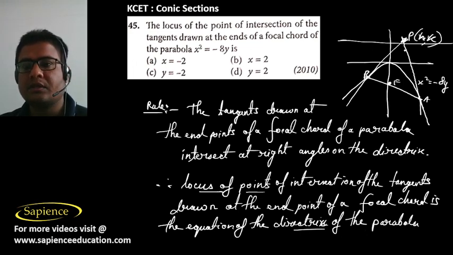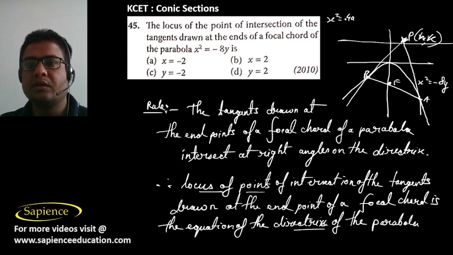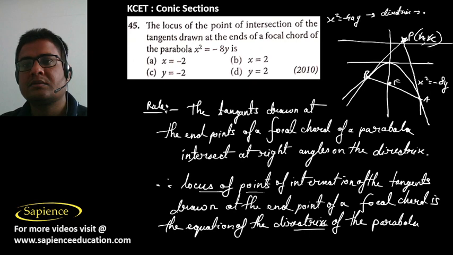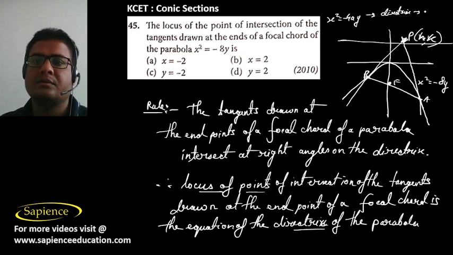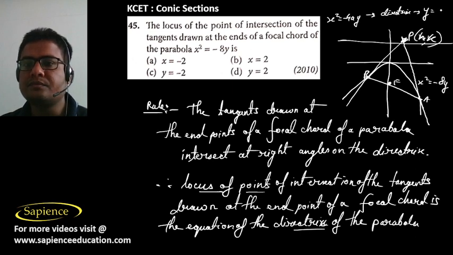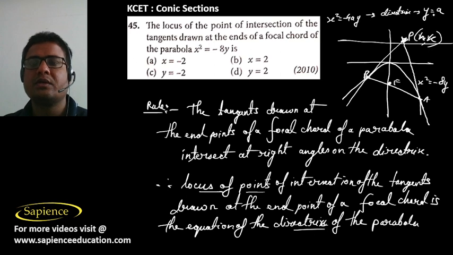So here the equation of the directrix. If the equation of the parabola is x square equal to minus 4ay, then the equation of the directrix is given as y equal to a.